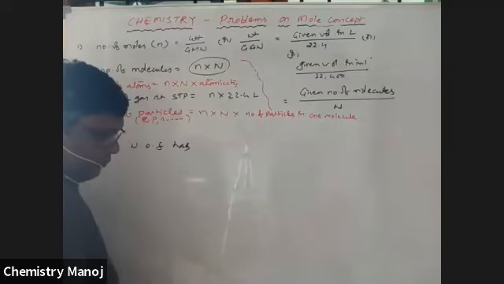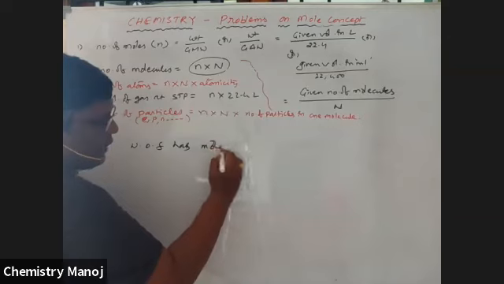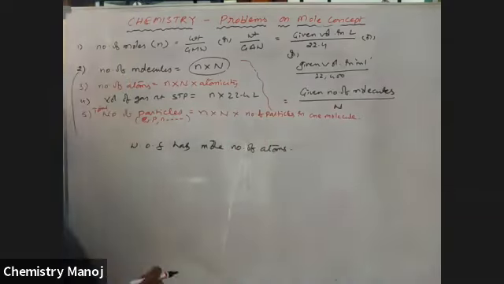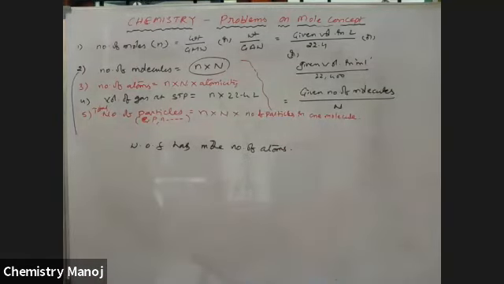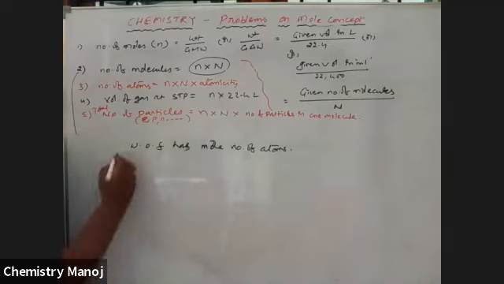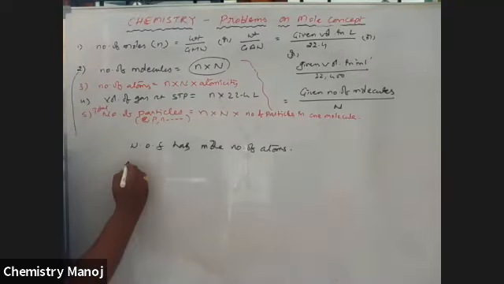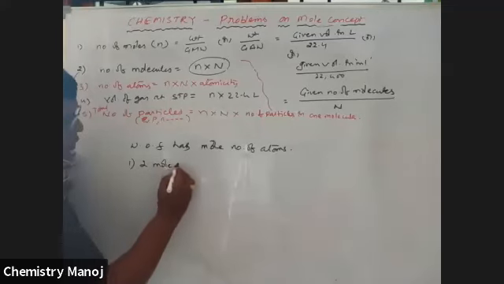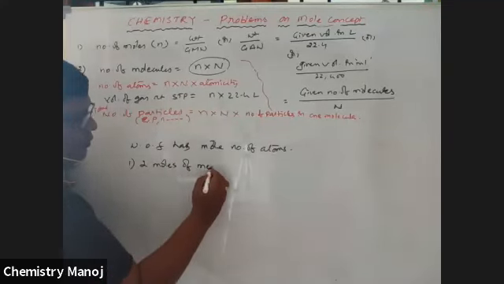Which of the following has more number of atoms? Option 1: 2 moles of methane.